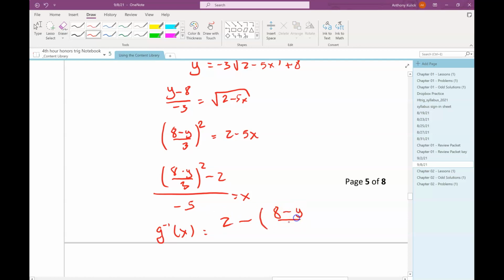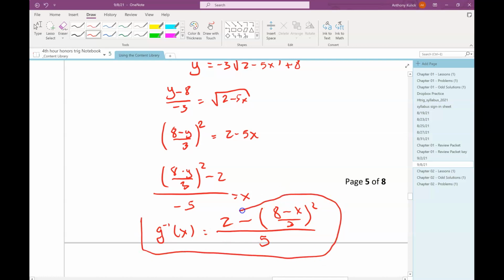So maybe I'll write it in this order to get that out of there. You could do some more cleaning up to make that a little bit nicer, but that's the gist of it. And again, on something like this, I wouldn't grade down if you didn't do non-obvious simplifying. There's stuff you could do to get this into a single fraction, but it stinks to do it.